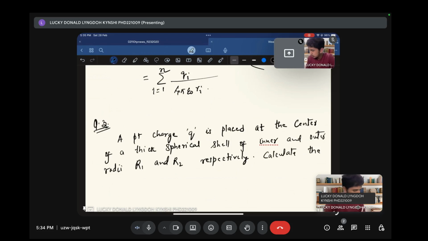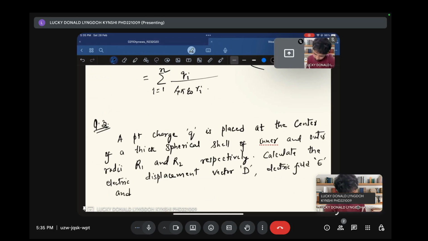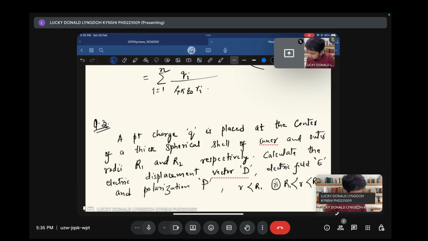the electric displacement vector D, the electric field E, and polarization P, for region 1, R less than the radius R1, region 2, R greater than R1 but less than R2, and third, R greater than R2.